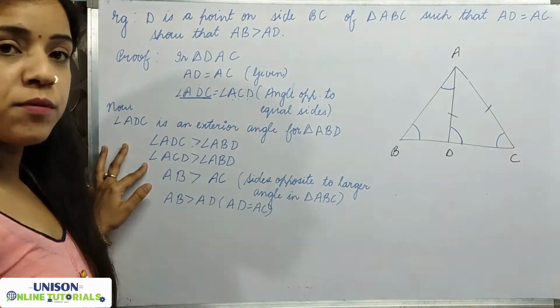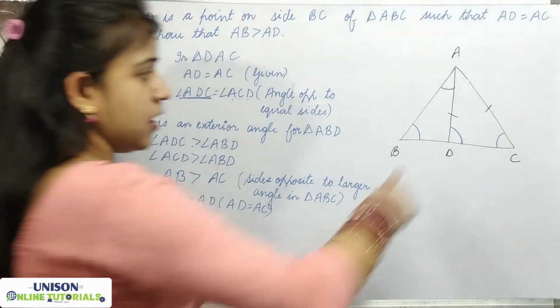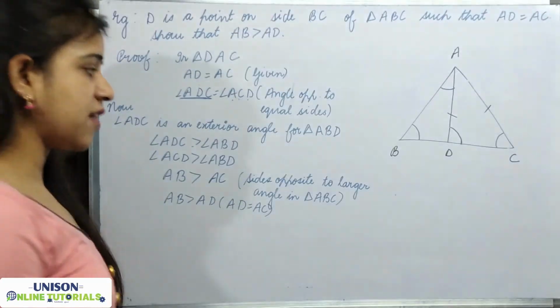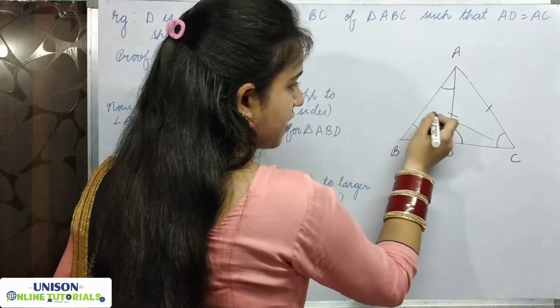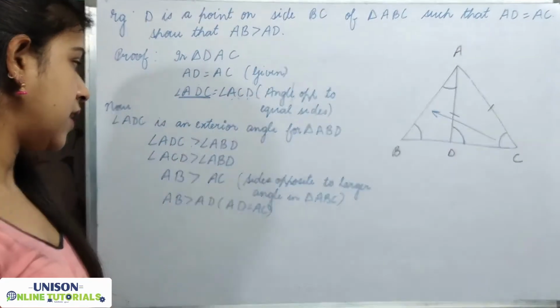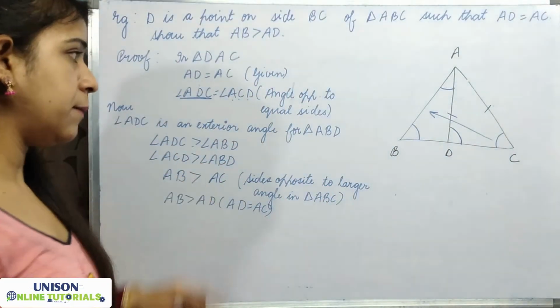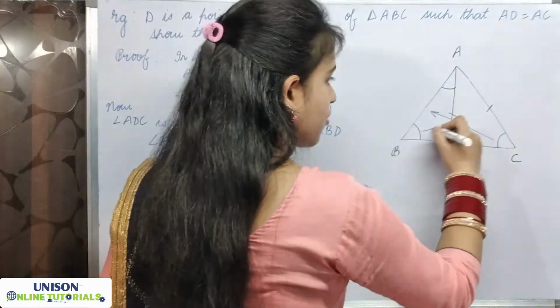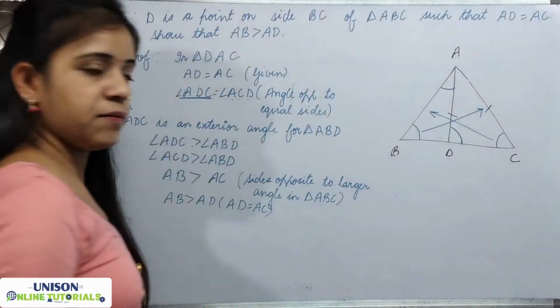Now the side opposite to angle ACD, this angle, the side opposite to this angle will be this side, and similarly the side opposite to ABD in this triangle ABD will be AC.